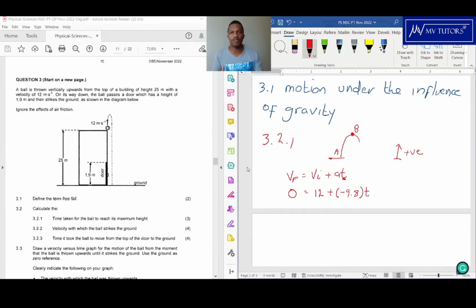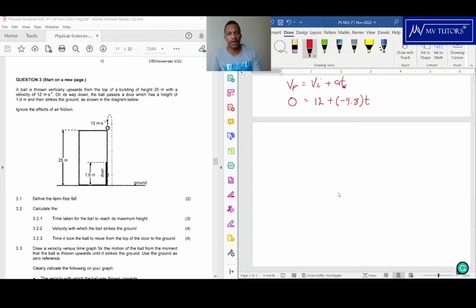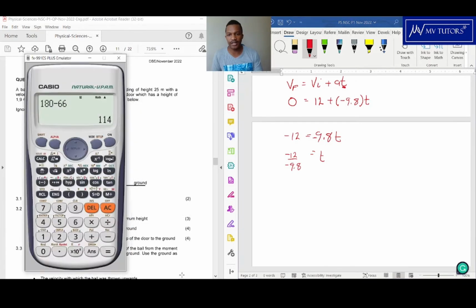So now it's just mathematical gymnastics that we have to do at this point. What I'll do is take 12 to the other side. So then I'll have minus 12 is equal to minus 9.8 T. Remember, this is minus as well. And then to solve for T, that's going to be minus 12 divided by minus 9.8. Now let's get a calculator at this point.